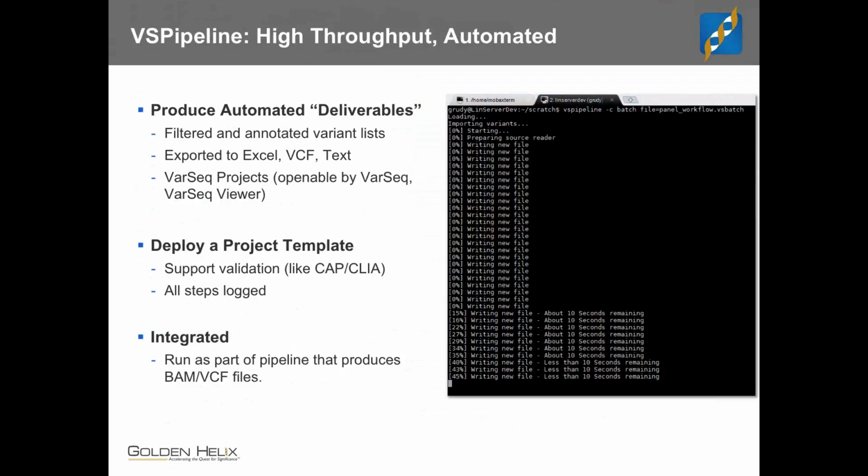Automatically adds the annotation sources that you set in your template, does the filtering for you automatically, and then you can even export the results to either an Excel file or VCF file, or even start generating a clinical report, which your clinician can then go into and verify the output is correct before signing off on it.